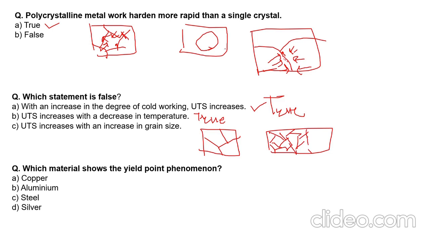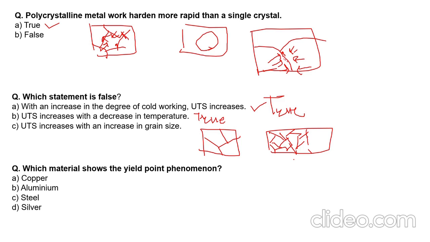If you have more number of grains, you have more hindrance to the movement of dislocations, right? This one has easy movement of dislocations, but this will have difficult movement of dislocations, and that will help in increasing the yield stress of the material. That is what we are trying to do, strain hardening.